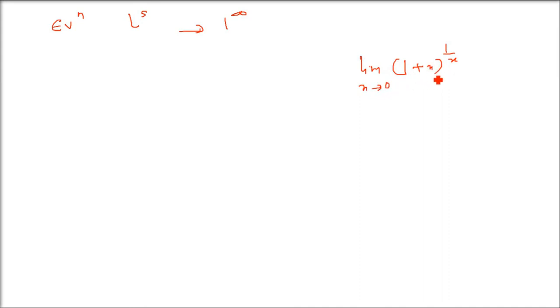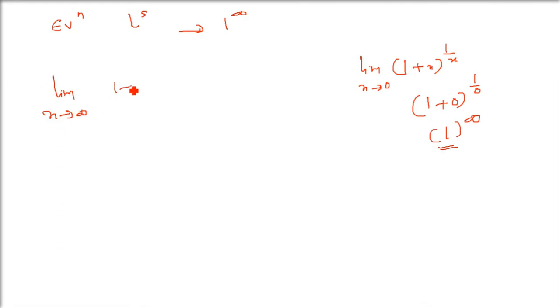If we put x as 0, we get 1 plus 0 raised to 1 by 0. So 1 plus 0 is 1 and 1 by 0 is infinity, so 1 raised to infinity. How are we going to solve this form? For this, we have a very simple, direct solution. There are certain ways we have derived or proved it, but I'll tell you the direct formula. I'll give you an example and then the expression.